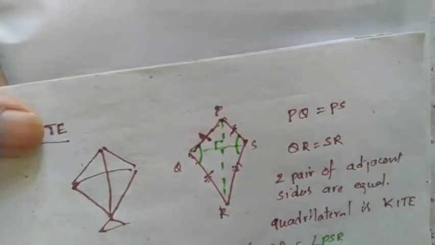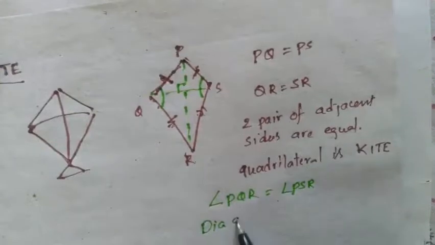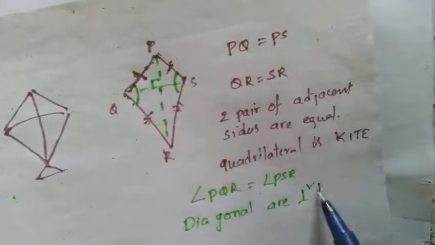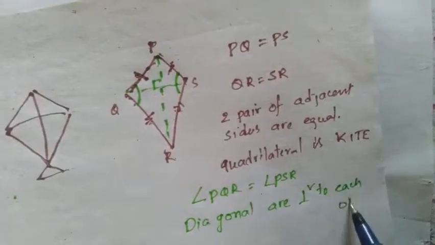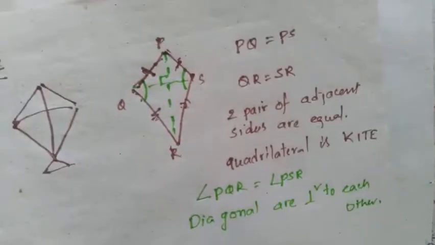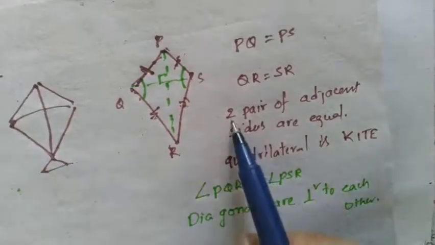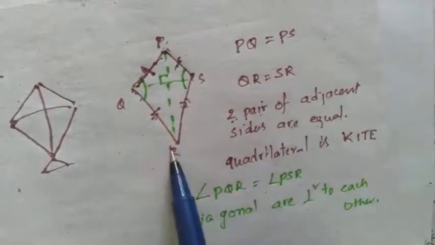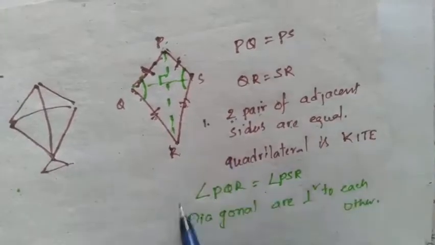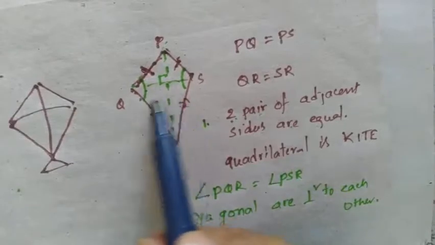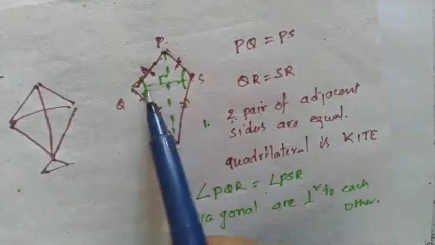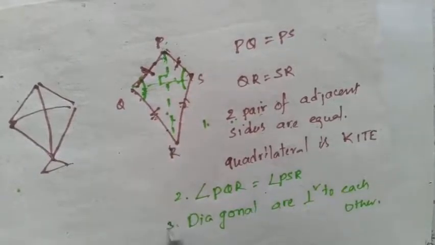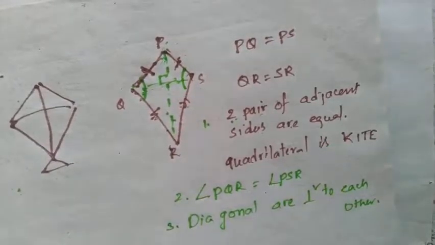Okay, so diagonals are perpendicular to each other. So these are properties of kite. Two pair of adjacent sides are equal. PQ is equal to PS, QR is equal to SR. This is the first one. Second, one pair of opposite angles, especially one which are like this, not these two. And third one is diagonals are perpendicular to each other.